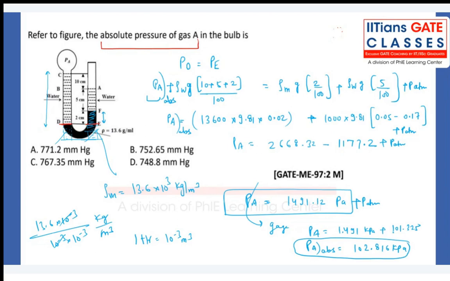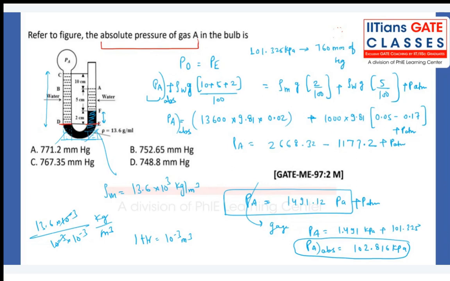What do we have to do? Again, no need to panic. We know that 101.325 kilopascal is equal to 760 mm of Hg. Whatever the height of the liquid column of mercury, 760 mm of mercury will exert the pressure value, and that pressure value will be atmospheric pressure. Sir, how can you say that?